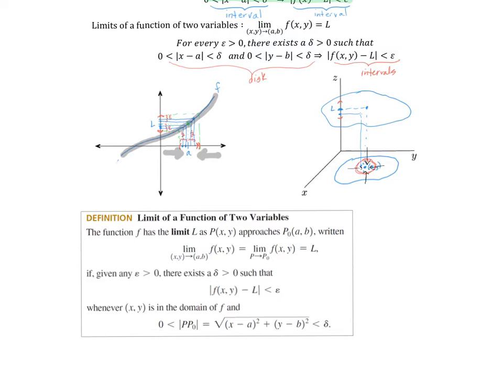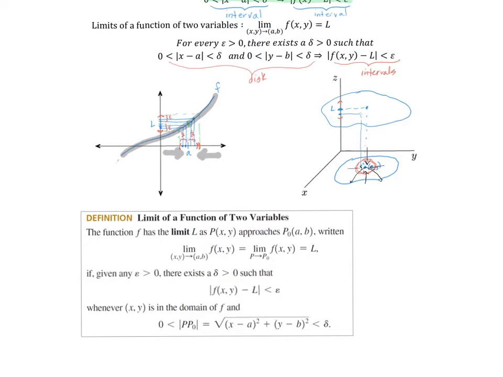However, unlike single variable calculus, where I have at most two paths, here I have infinitely many paths. Not only can I approach this point x, y horizontally or vertically, I can also come in with a parabolic path.